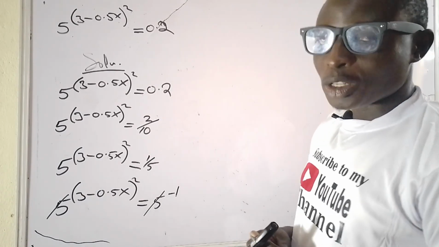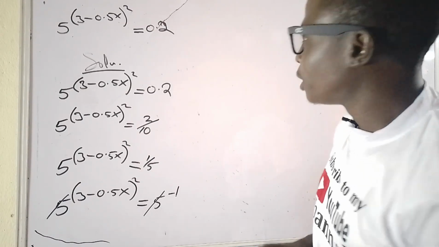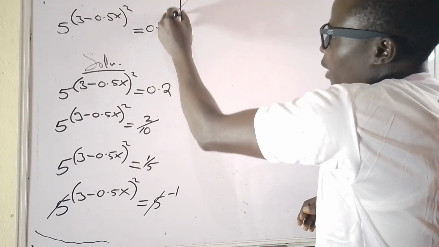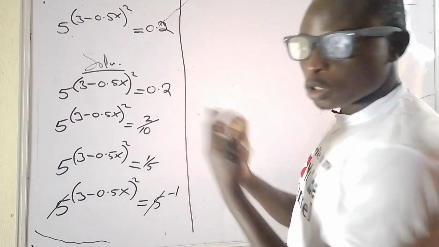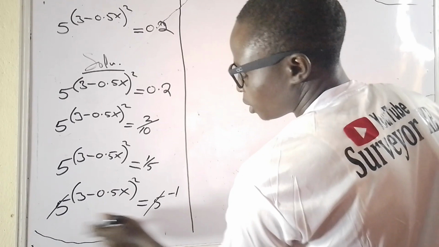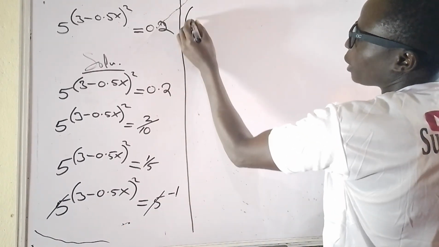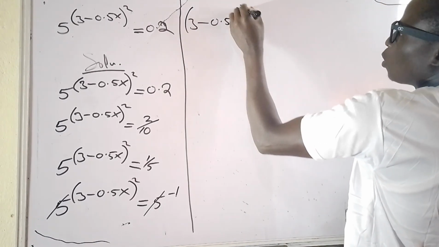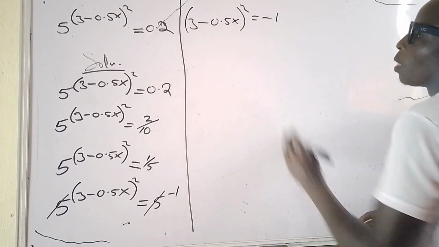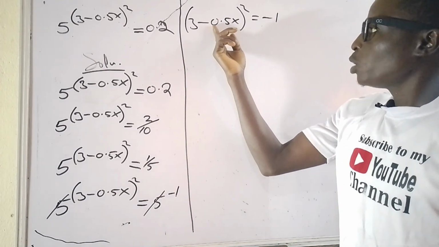As we are going forward, you can see how simpler the equation is getting. So let me divide the board. Let me just make use of the powers since I've already cancelled the two bases 5. So I have (3 minus 0.5x), whole squared, is now equal to minus 1. But we have something here, 0.5.